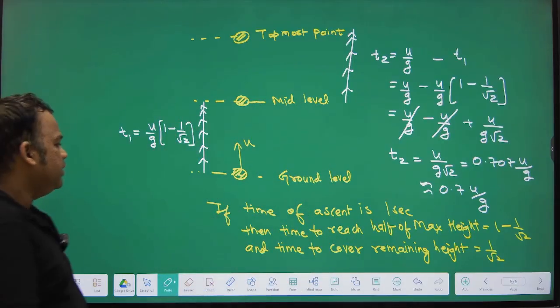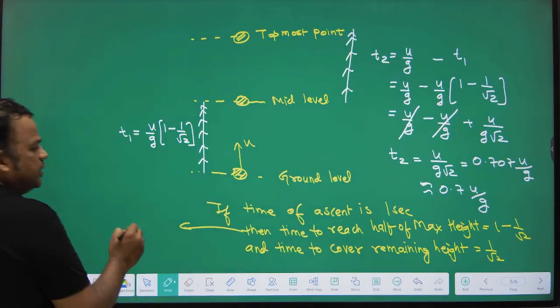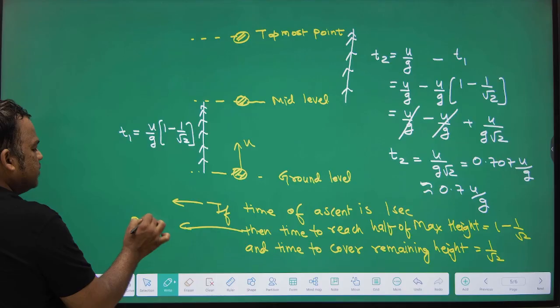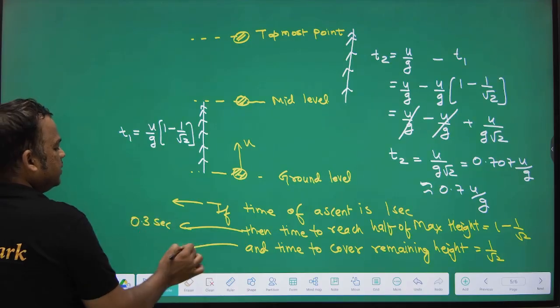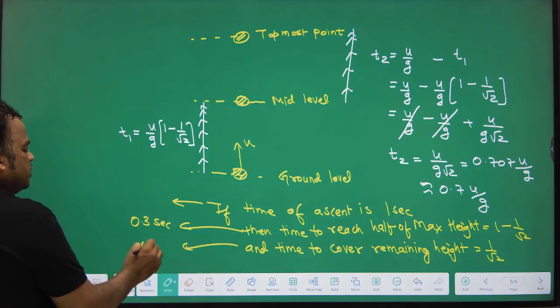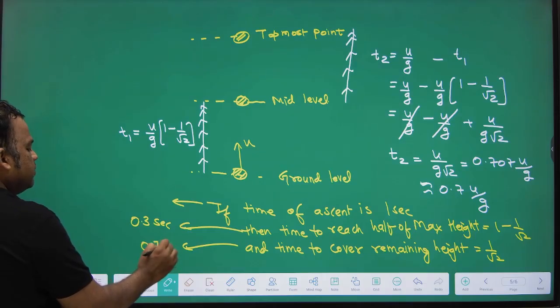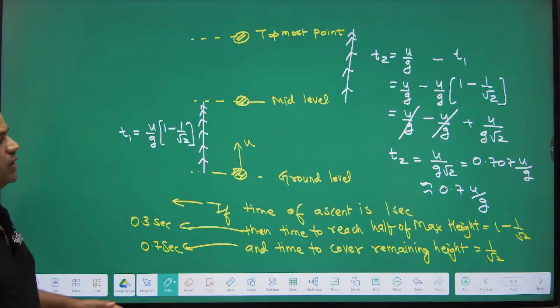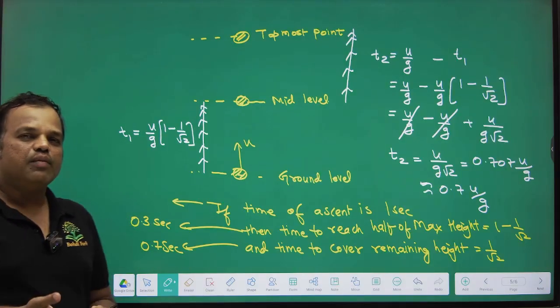So roughly time to reach maximum height is 1 second, time to reach half of maximum height is roughly 0.3 second, and the remaining height will be covered in 0.7 second approximately. So this is the upward motion.